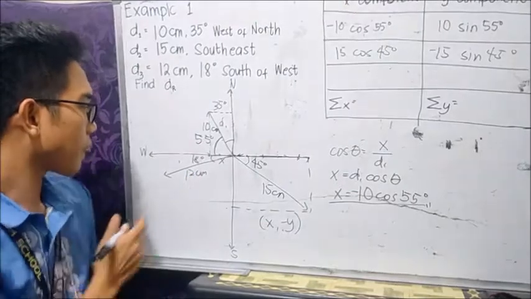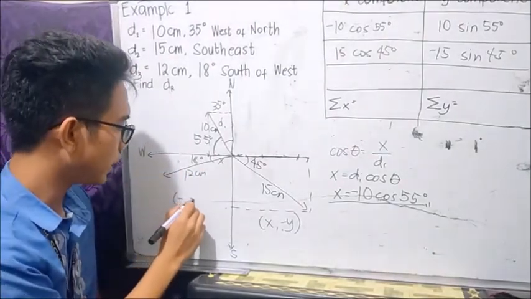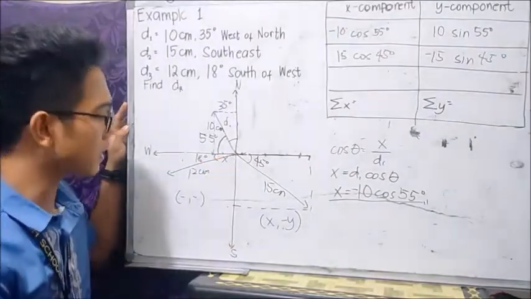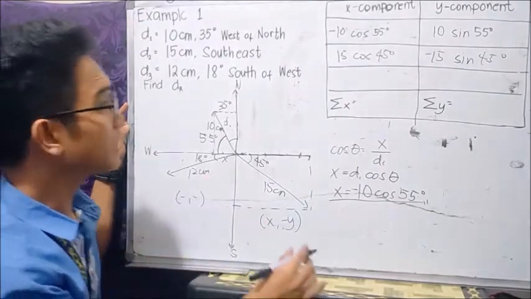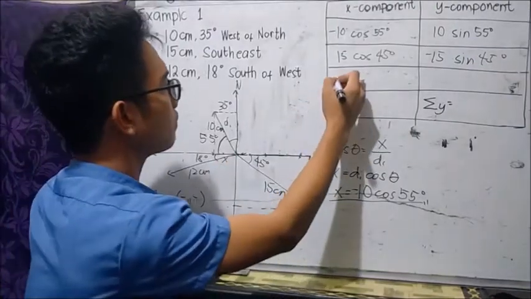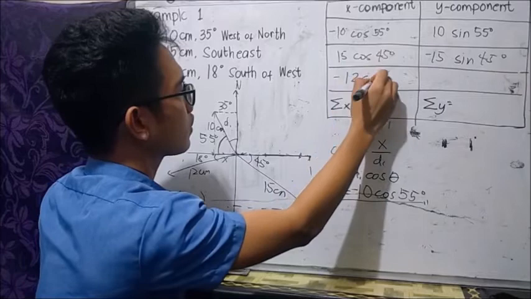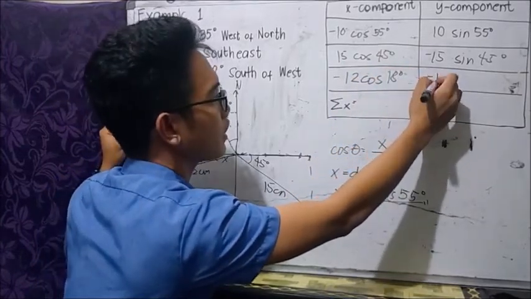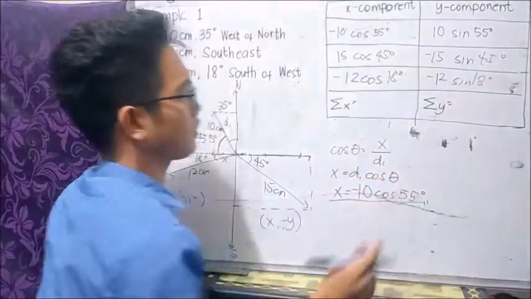On the third quadrant, the x and y components are both negative. So the x component is negative 12 cosine 18 degrees, and the y component is negative 12 sine 18 degrees.